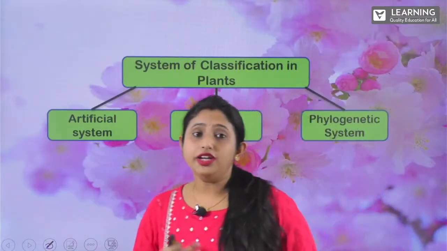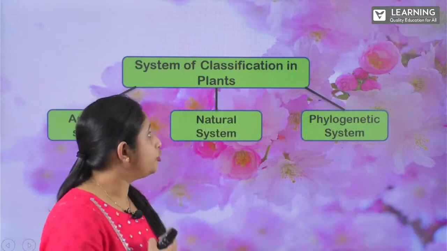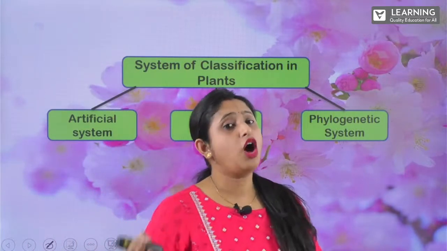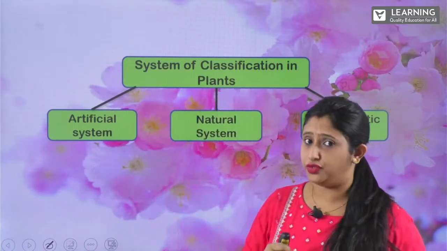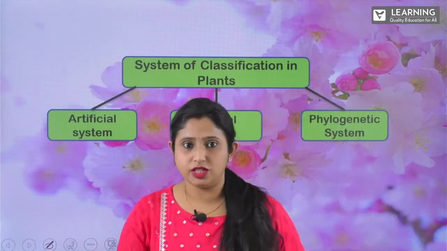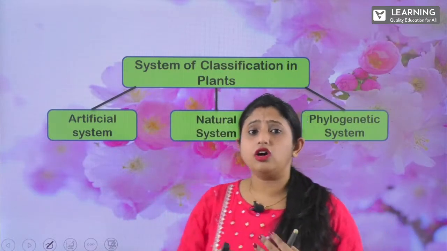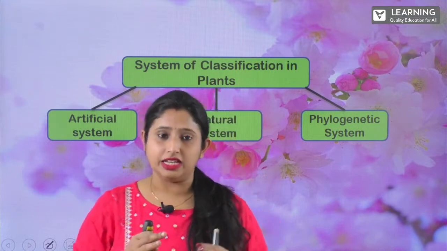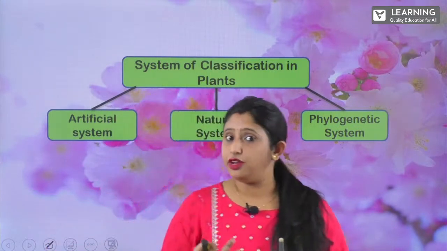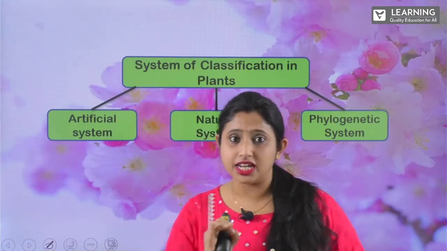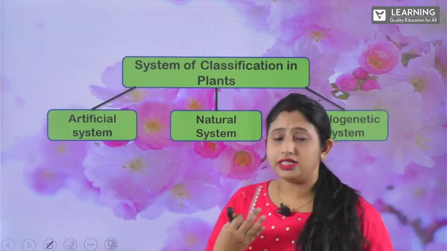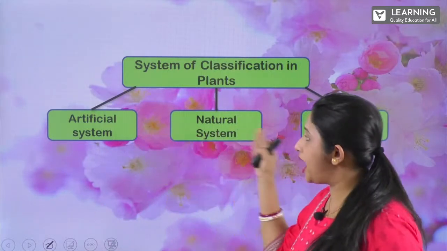Yes. So what do we mean by the system of classification? We have already studied what is classification, right? Why do we need to classify? We need to classify because it makes things easy so that we can identify the plants easily, isn't it? So the plants are classified into 3 categories.